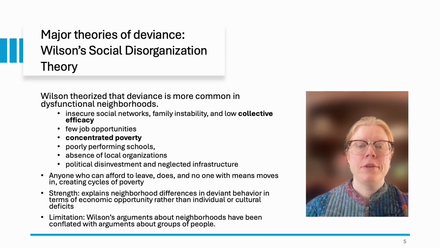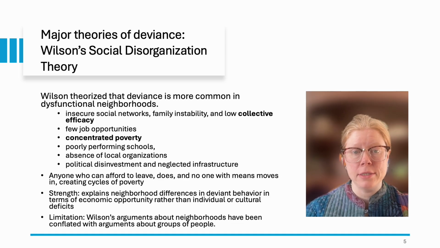And the discourse was about why those neighborhoods had high rates of crime and deviance, and they were largely defaulting to cultural explanations. In other words, there's something wrong with people of color who live in these neighborhoods that's causing them to commit acts of deviance.